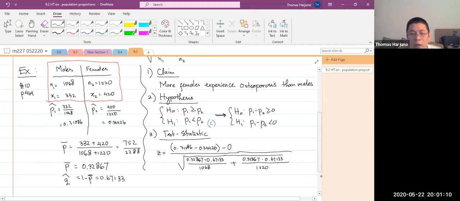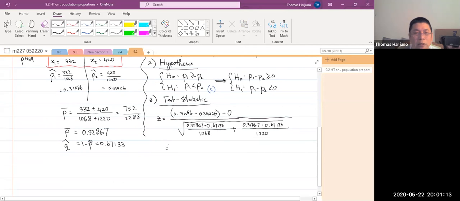Now then, how to compute this? Let's go to my calculator.